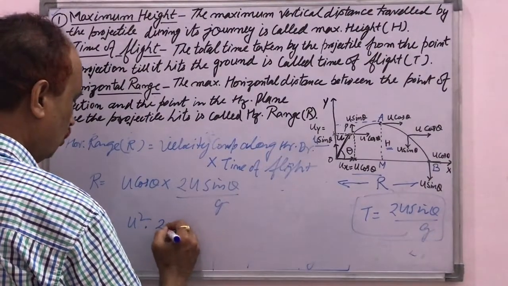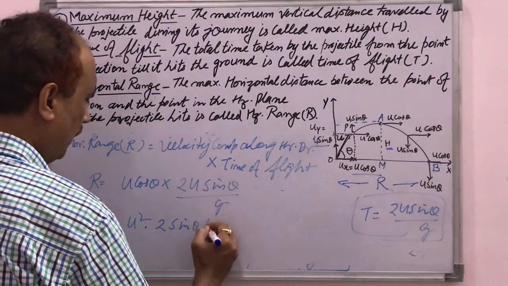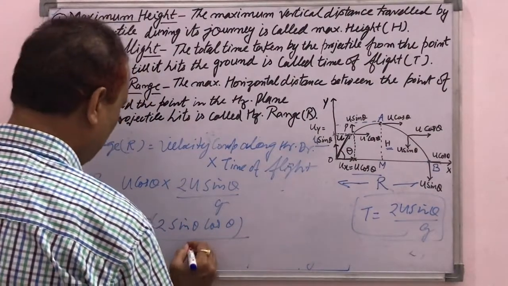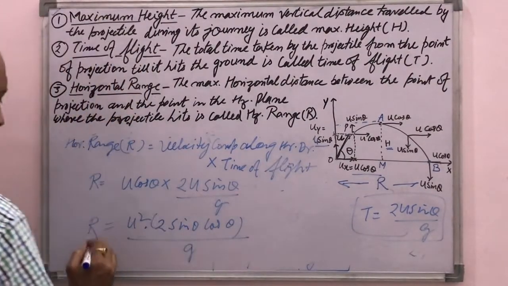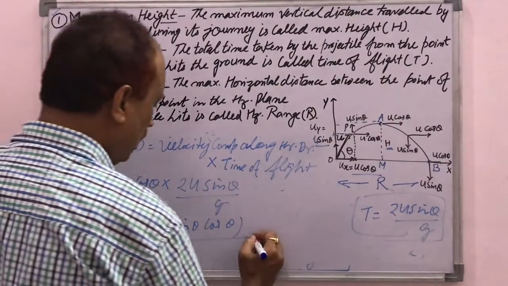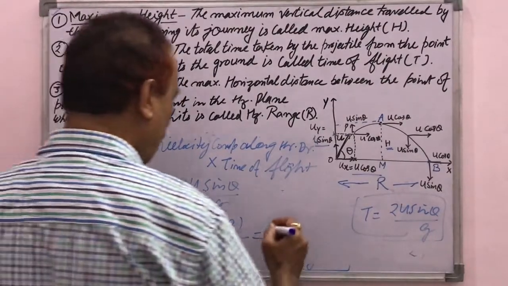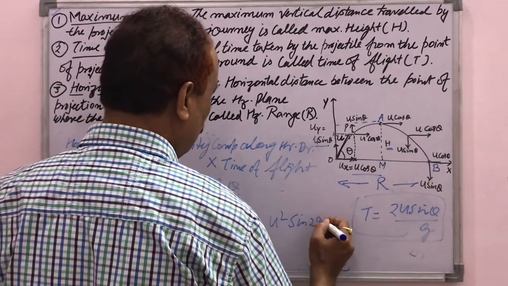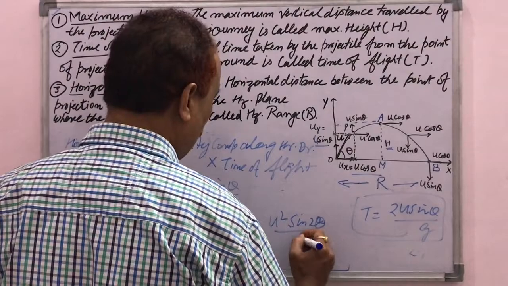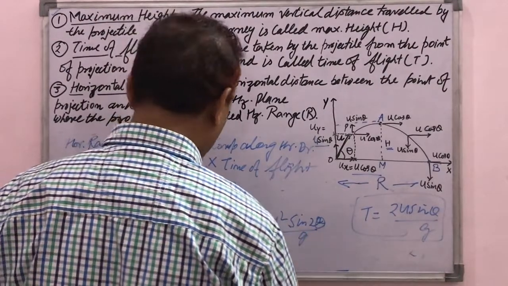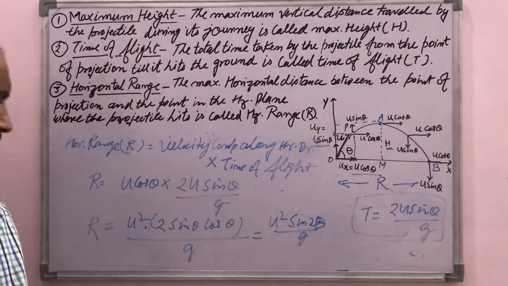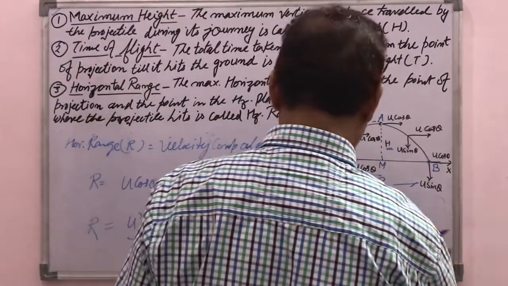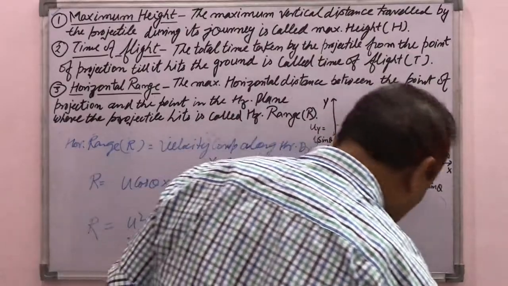So we write 2 sin theta cos theta in the bracket and divide by g. 2 sin theta cos theta is the formula for sin 2 theta. So u square sin 2 theta upon g. This is the formula for the range. So range R equals u square sin 2 theta upon g.